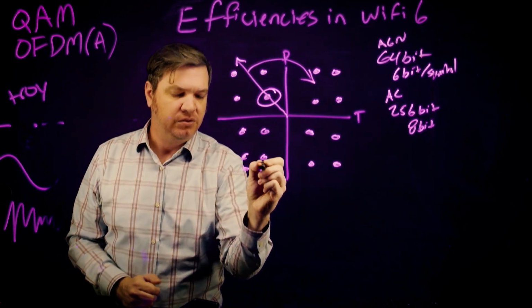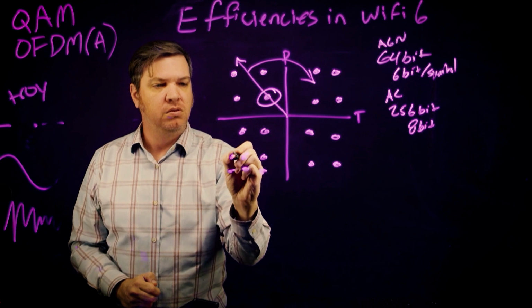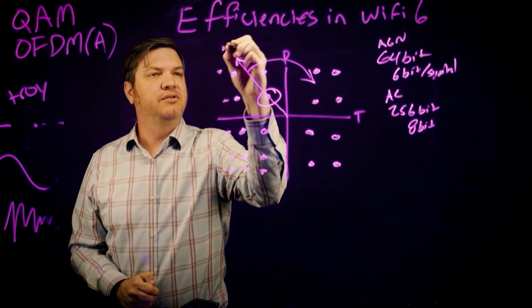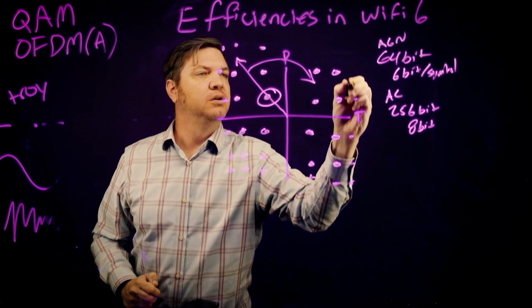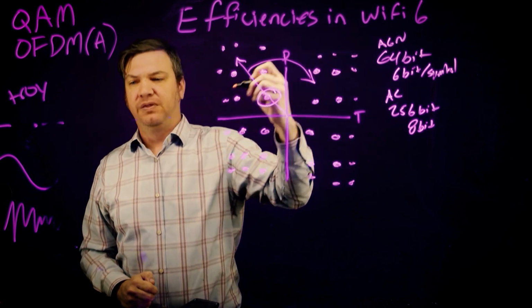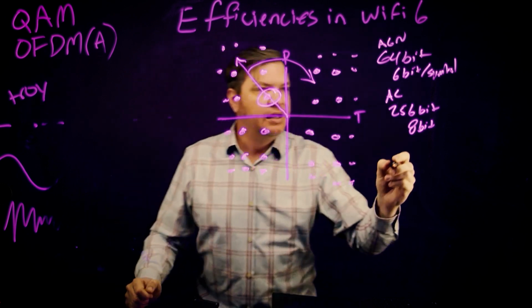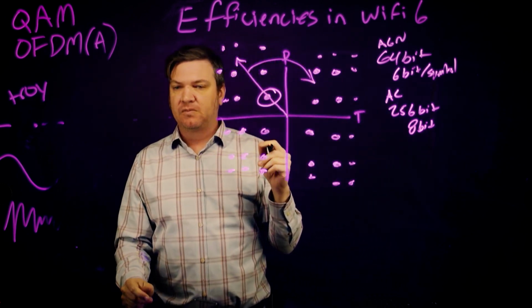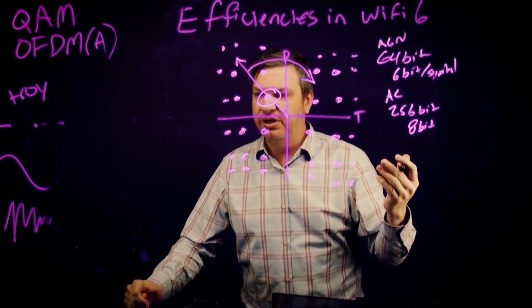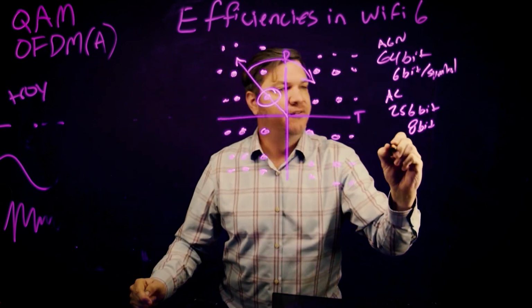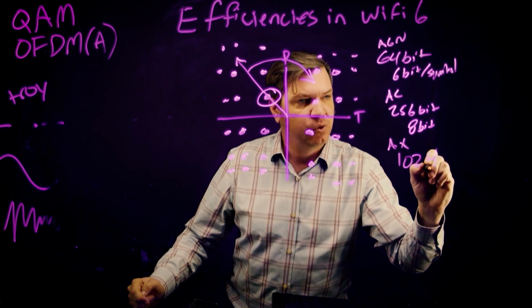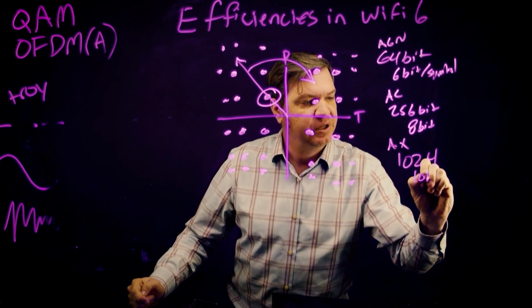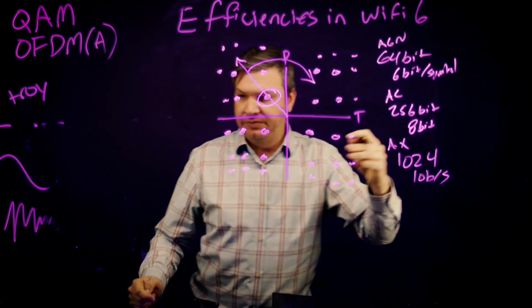So now we had more dots and more spots on the graph to sample this phase. Now in Wi-Fi 6, or 802.11ax, we have 1024-QAM, which is 10 bits per symbol, right?